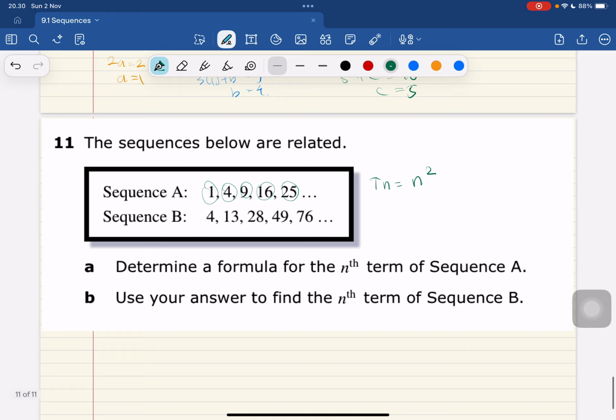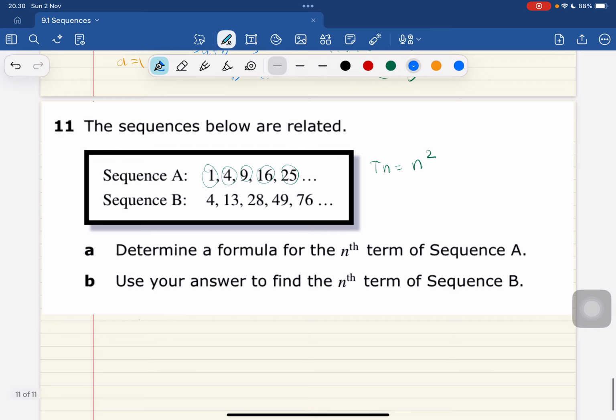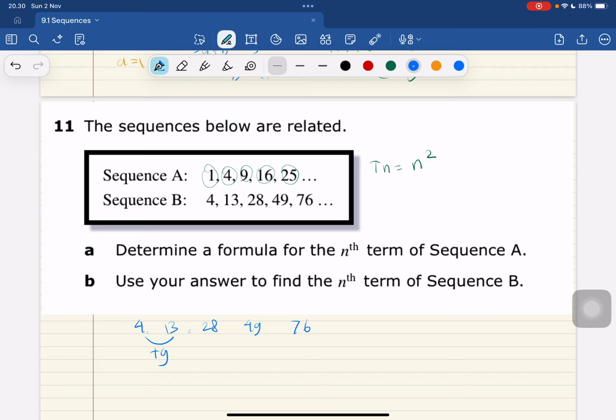Next for the sequence B. Okay, we should make it from here. Let's check it: 4 and then 13, 28, 49 and 76. So 4 and 13, the difference between 4 and 13 is going to be, this is plus by 9 and then plus by 15.